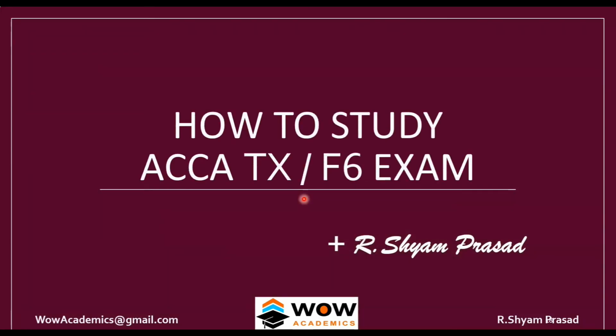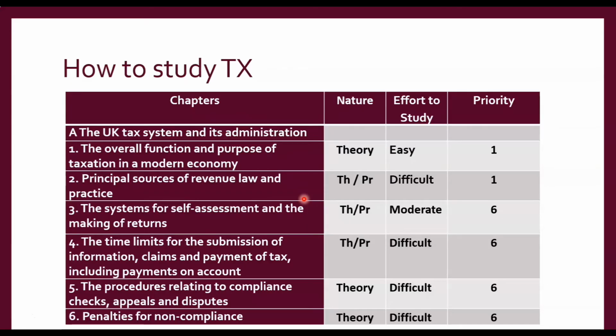So how to study for the ACCA TX or F6 paper? You can start in this priority. We have collected this from another tax specialist who handles this paper, and this is the methodology he says we have to follow for this exam. Number one, in the A part, this is a syllabus area.